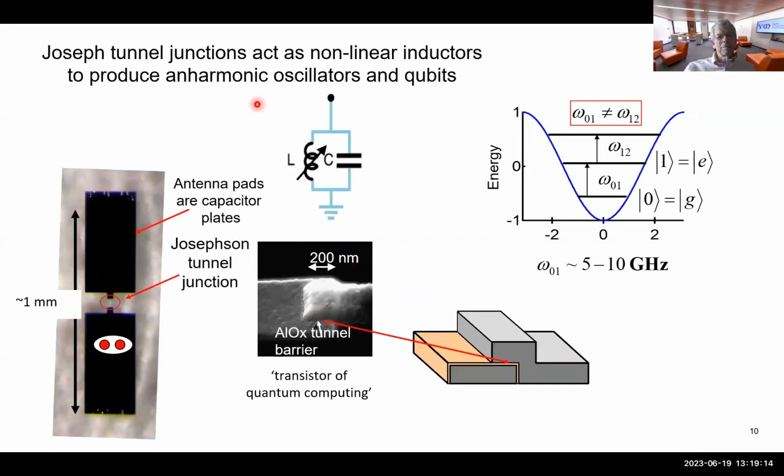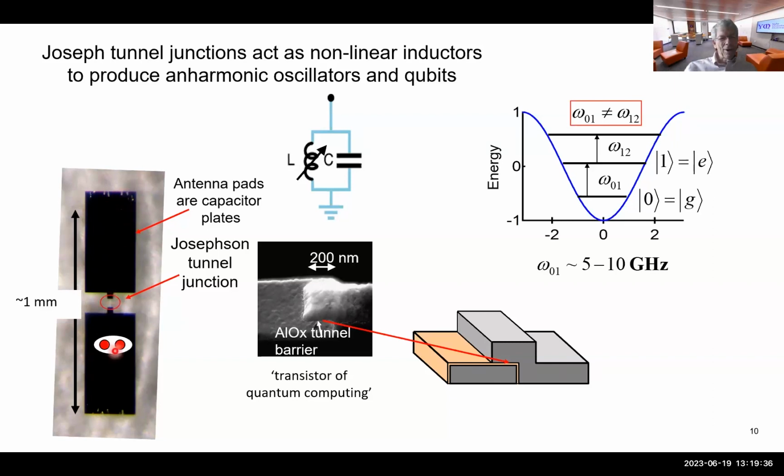Okay, so where do we get this anharmonicity? It comes from using a Josephson junction. So here you see a piece of sapphire and a little dipole antenna, whose two halves are connected by a Josephson tunnel junction.